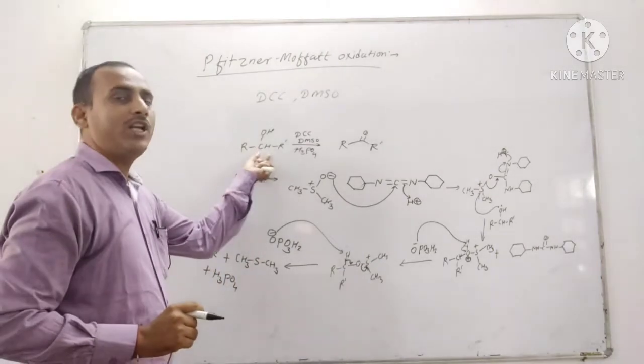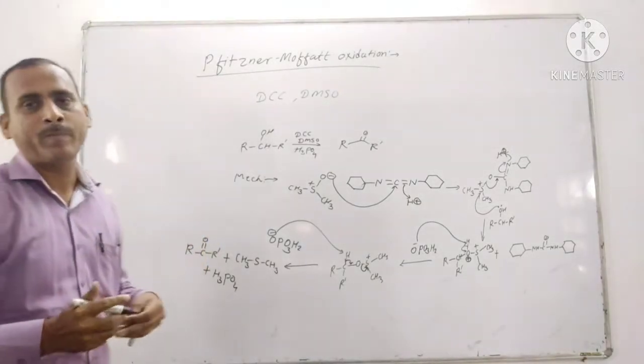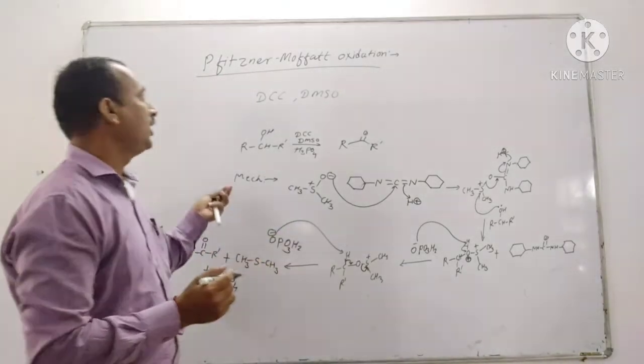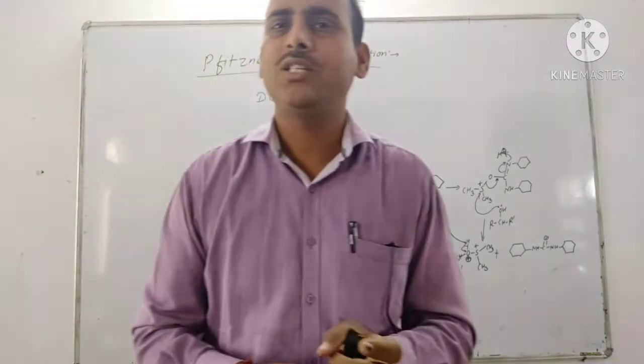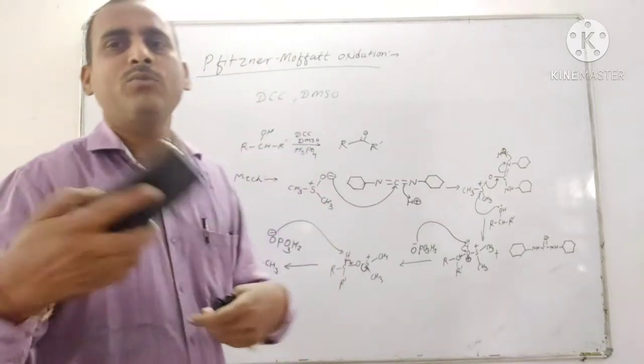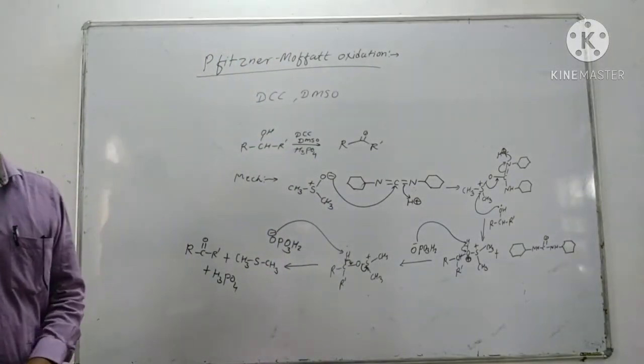If we take the primary alcohol, then there is formation of aldehyde. So this is the mechanism for the Pfitzner-Moffatt oxidation reaction. Now let's see more examples of these oxidation reactions.